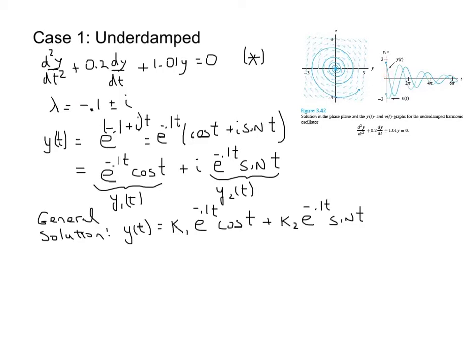However, the effect of the e to the minus 0.1 t is to damp their amplitude, and the period in this case will of course be 2 pi, because there's nothing multiplied by the argument t. And that's the underdamped case.